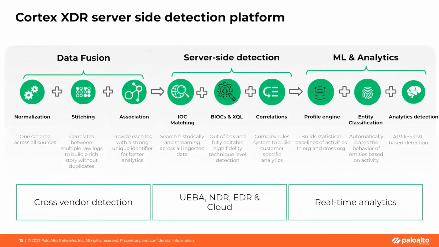Okay, so moving on to the next slide, let's talk a bit more about the architecture and core concepts of analytics. We divide this into 3 steps. First step is data fusion, which is done by what we call the data fusion engine, DFE. It is written mostly in Go.